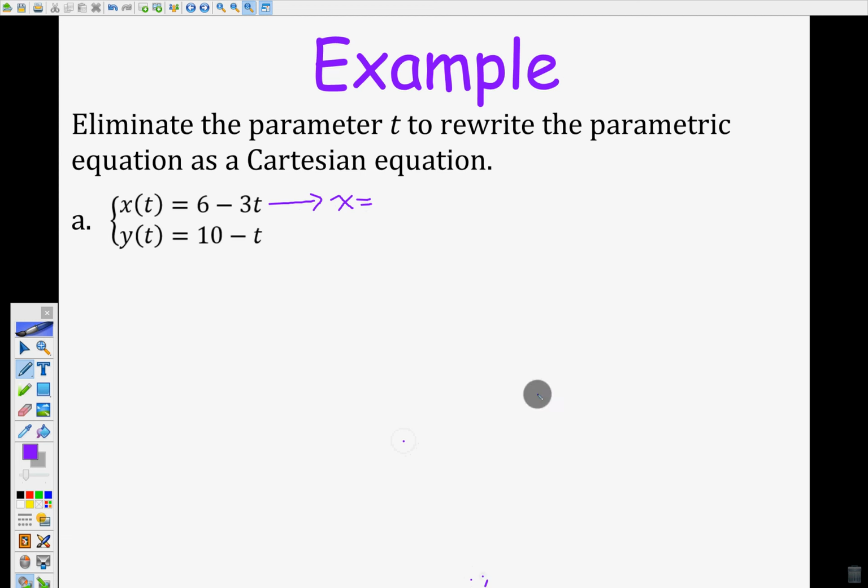So this really just means x equals 6 minus 3t. The first thing I'm going to do is subtract 6 from both sides, and then divide both sides by negative 3. So I have negative 1/3 x plus 2 is equal to t.